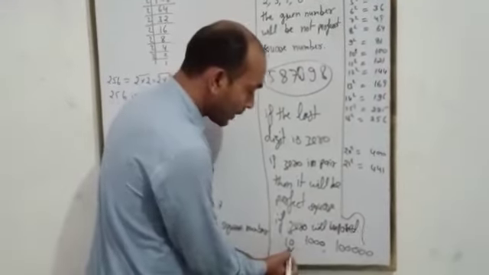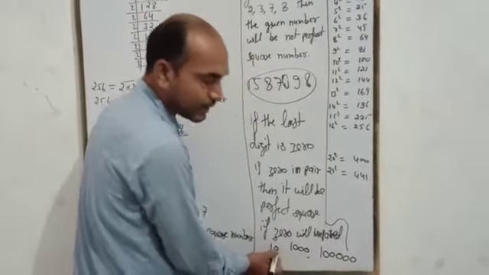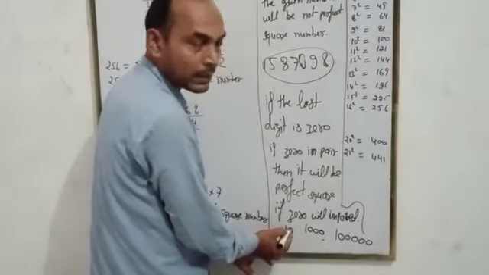Why? Because in all these cases 0s are there in the unit place, but ये 0 जो है वो पेयर में नहीं है.